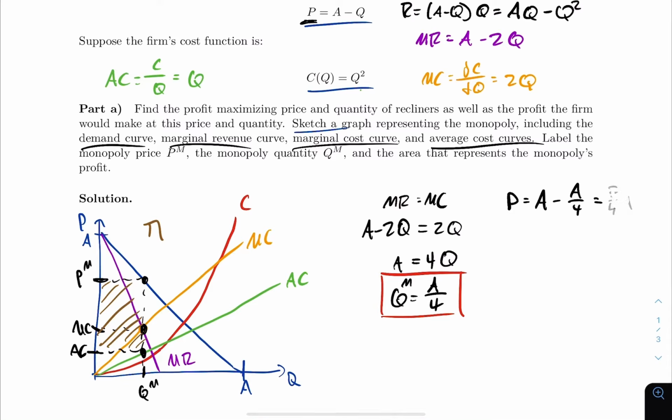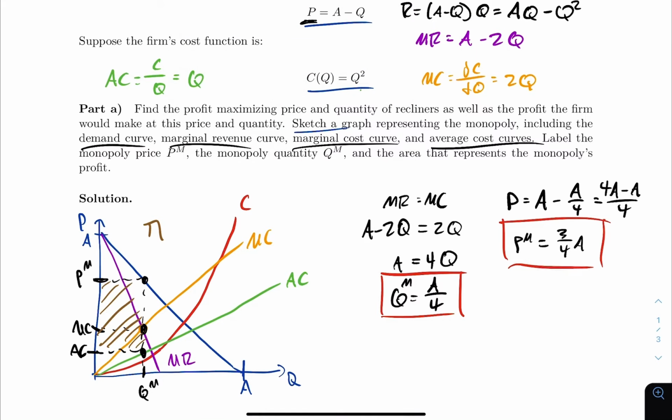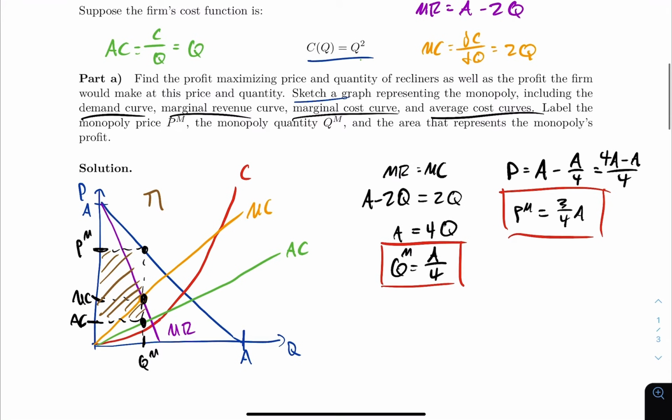Or maybe to write it with one more step, we have A minus A over 4. So then PM is equal to 3 over 4A. Just like that. Okay.